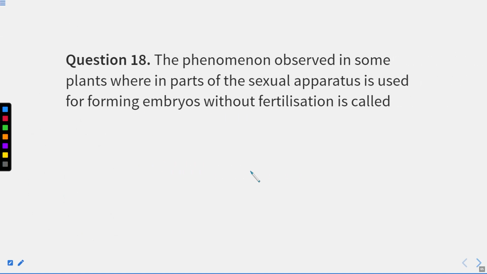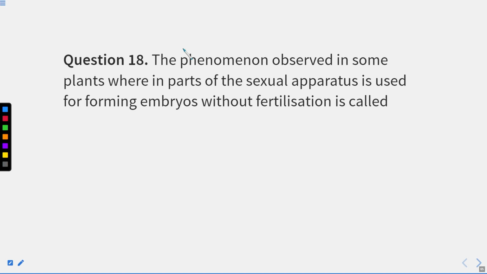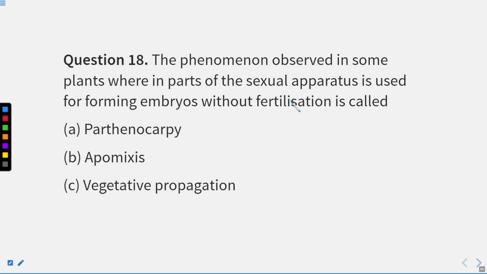Okay. Now question number 18. The phenomenon observed in some plants wherein parts of the sexual apparatus are used for forming embryos without fertilization is called. So the question is, embryos are formed without fertilization. What is this process called? First is parthenocarpy, second is apomixis, third option is vegetative propagation, and fourth option is sexual reproduction.